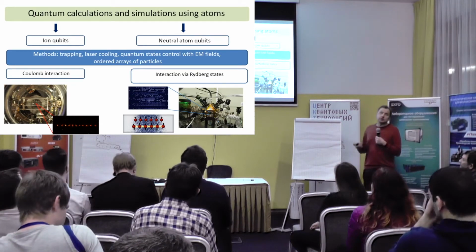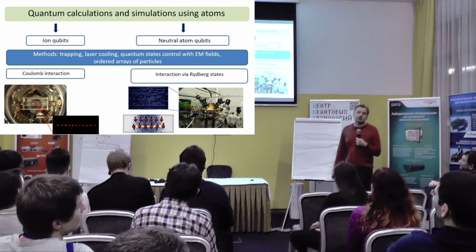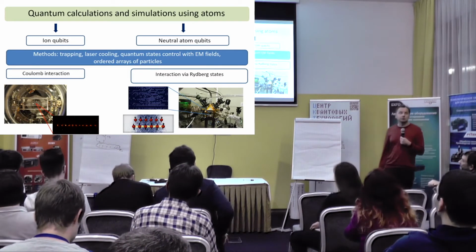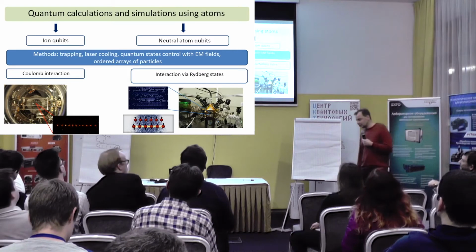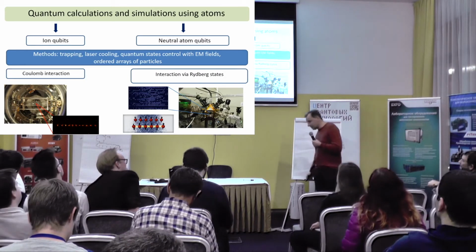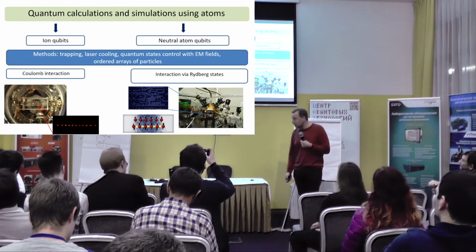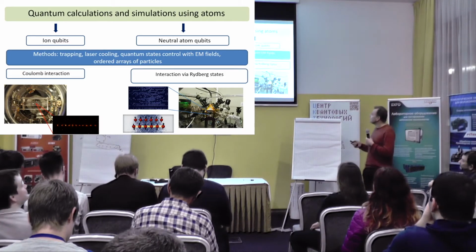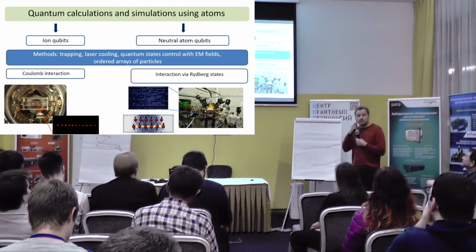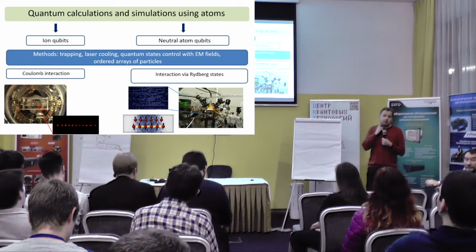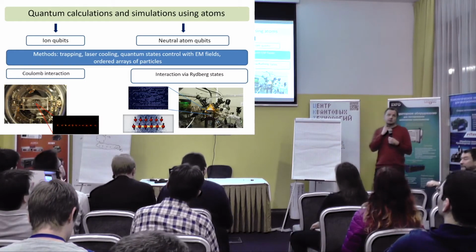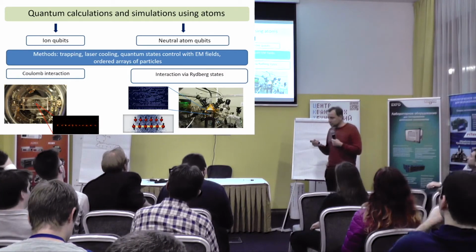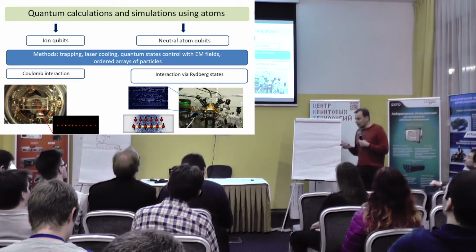If we restrict our Hilbert space to atoms and ions, which are natural qubits, so you do not have to synthesize or design them in some way, we end up with ions and neutral atoms. From some point of view they are very similar, because the levels you use for quantum computation are generally the same.